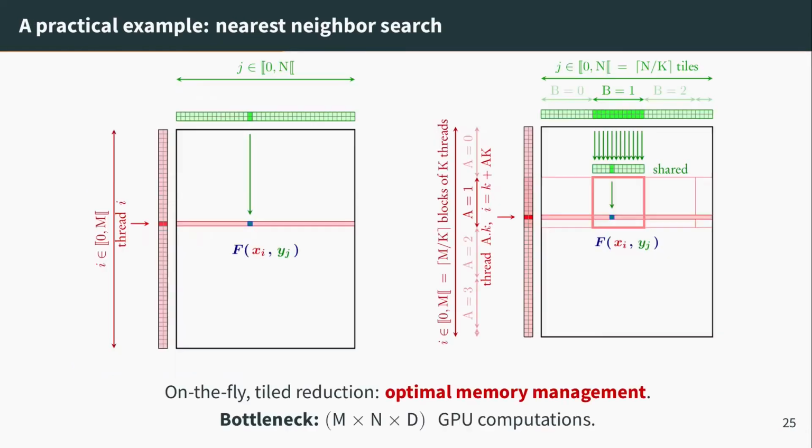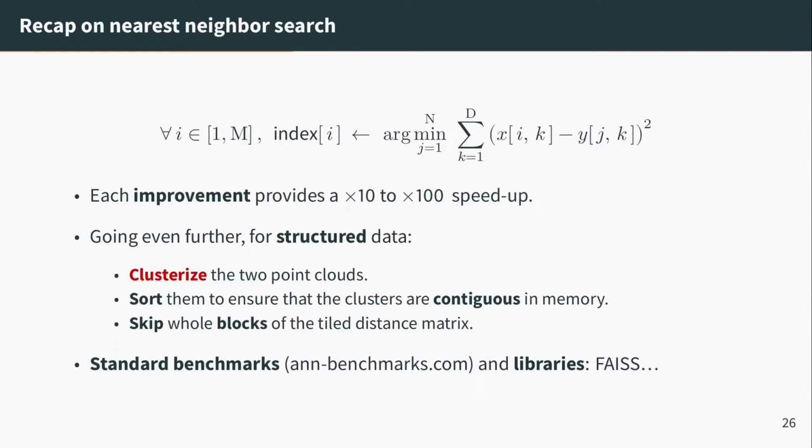Basically every slide here corresponds to a speed up by a factor of 10 or 100. Going even further, if you're working with structured data, you can try to leverage your structure to speed things up even further. It's typically something that you do in 3D, but that you can also do for very large data sets that are not random.